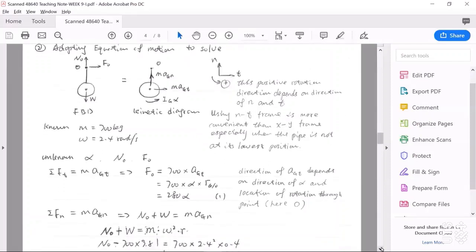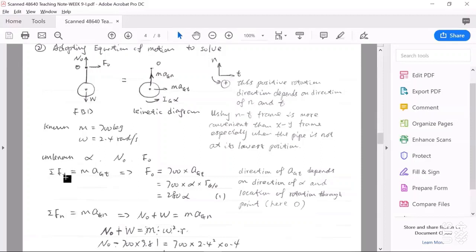Using the kinetic equation of motion and based on this defined normal tangential coordinate system, we can establish three equations. One is along the tangential direction.